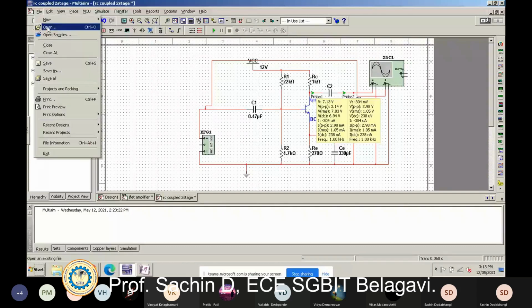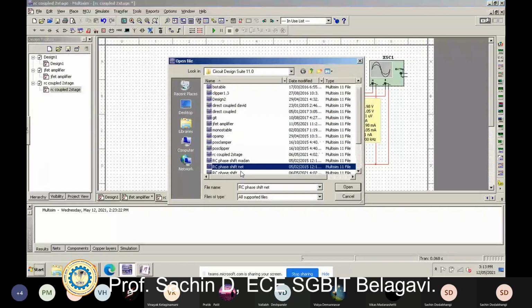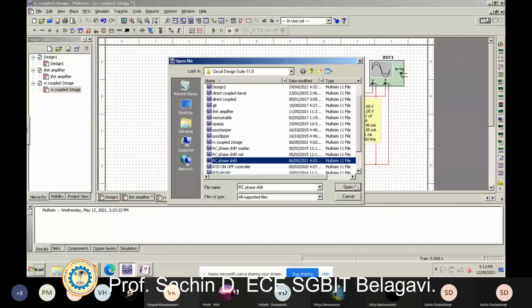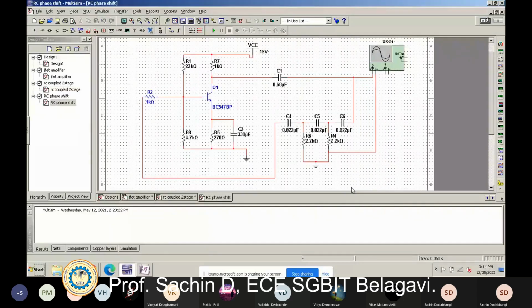There are three here. Just check it for this RC phase shift. I hope last time we had done this, right? This was the RC phase shift oscillator. We are done with the same, no?